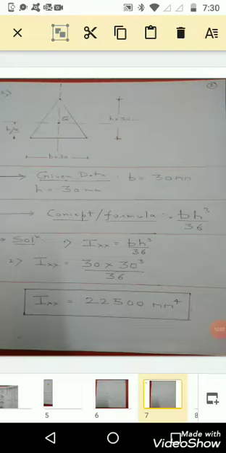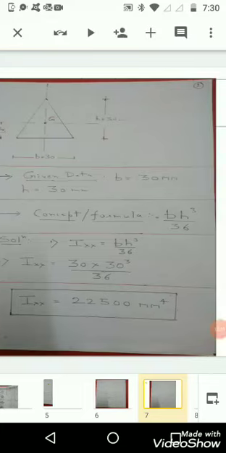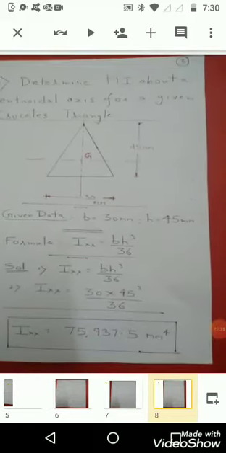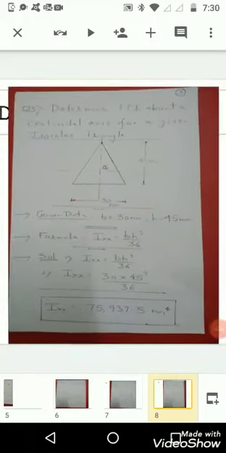Therefore, Ixx is equal to 30 into 30 raised to 3 by 36, and the answer is Ixx is 22500 mm raised to 4. Okay, next slide. Here mm raised to 4 is the unit. You have to always mention the unit when you solve the problem.